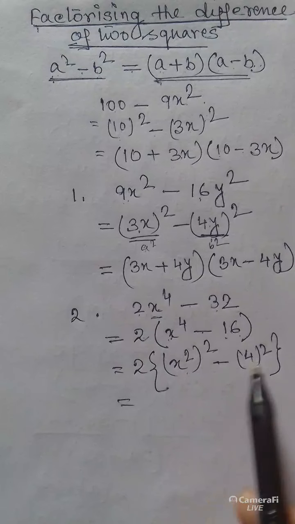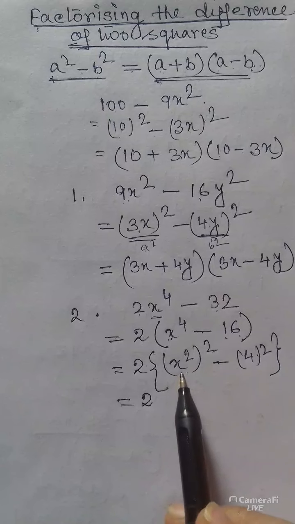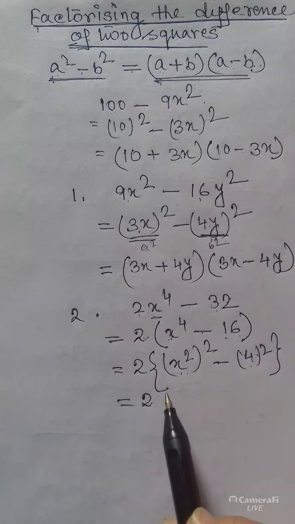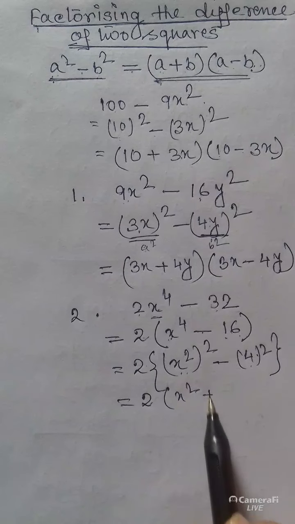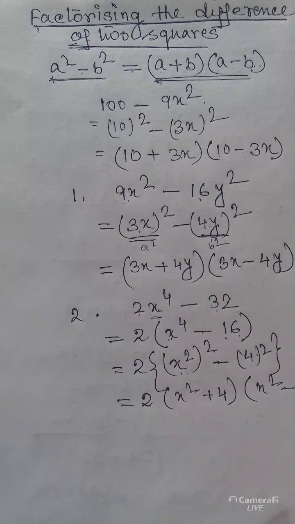Here it is a square minus b square, with 2 as it is. So this is a and this is b. We have to write x square plus 4 and x square minus 4.